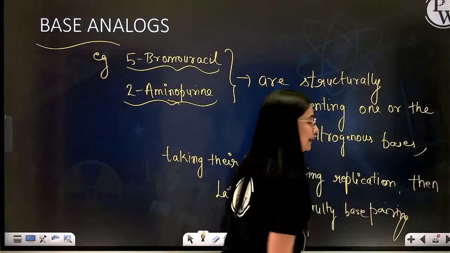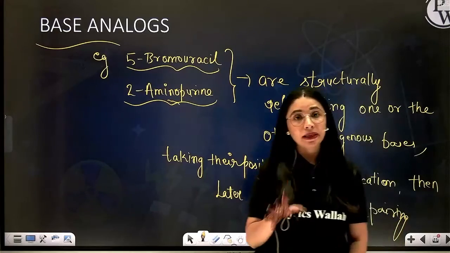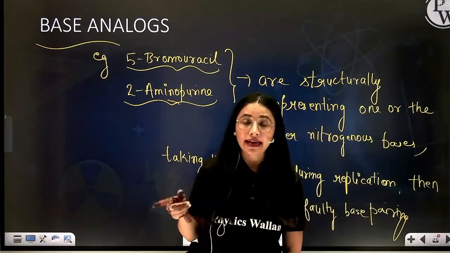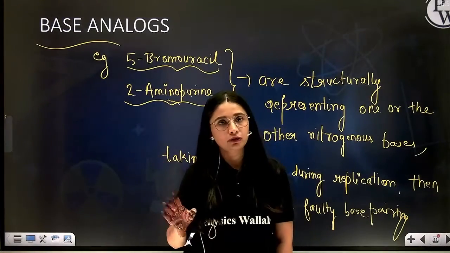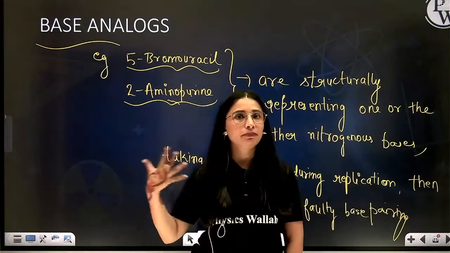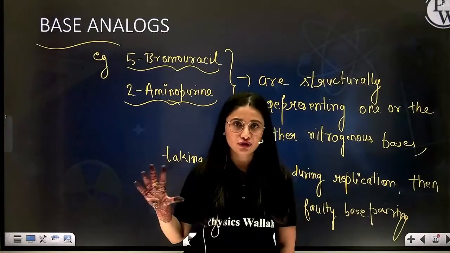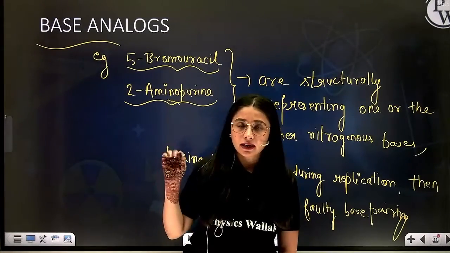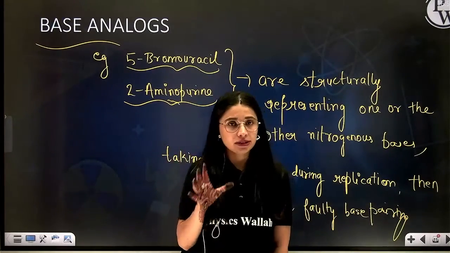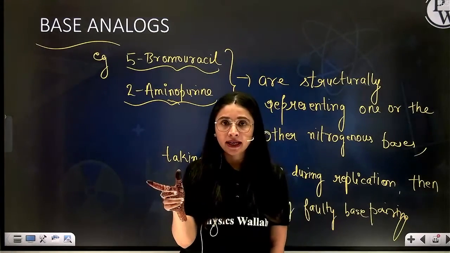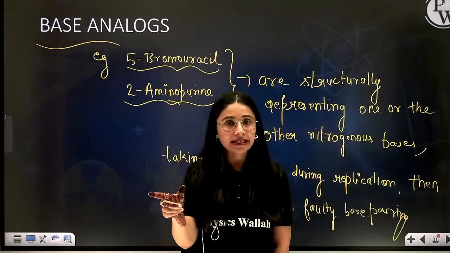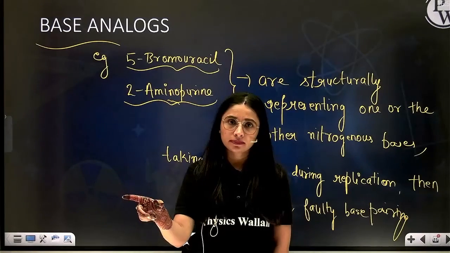So basically, these chemical mutagens, how are they introducing mutation? They are simply changing the base pairing rule, be it nitrous acid, be it base analogues, whatever be the chemical agents of mutation. The main concept is to change the base pairing rule, cause change in the DNA structure, cause mutation.